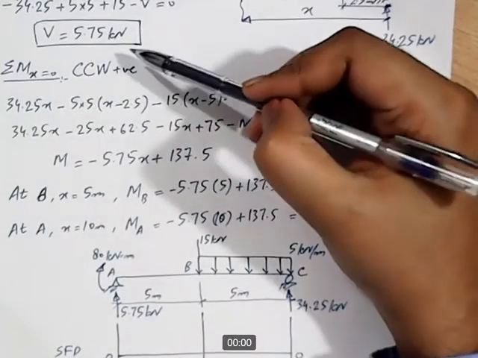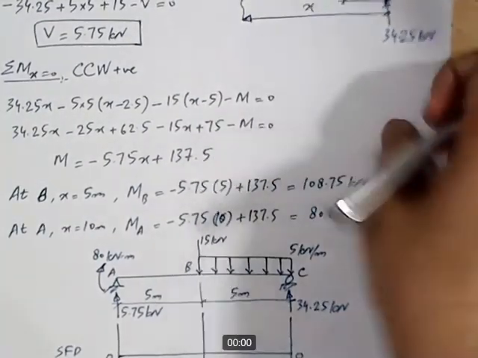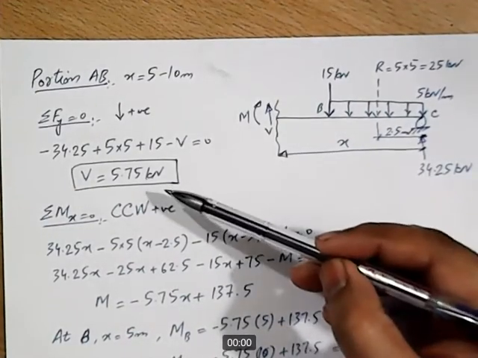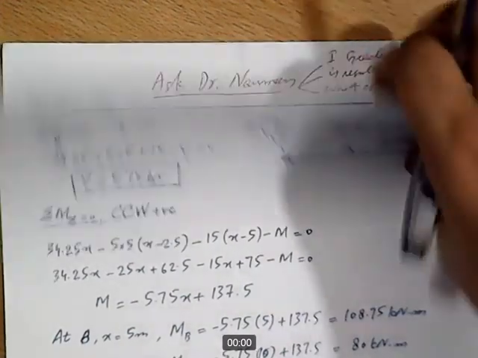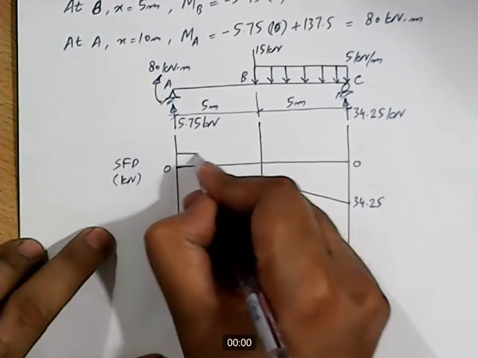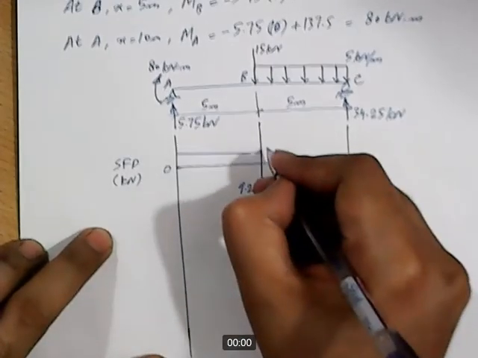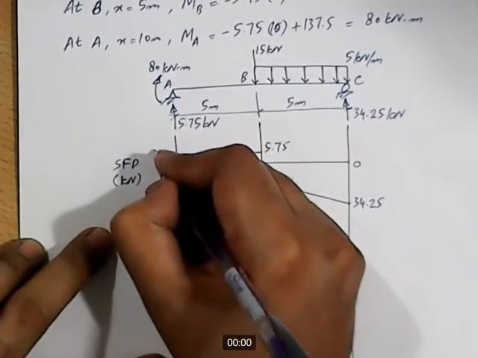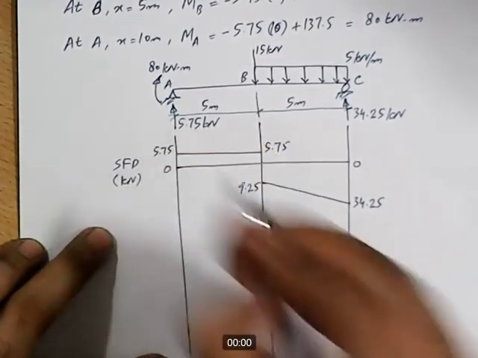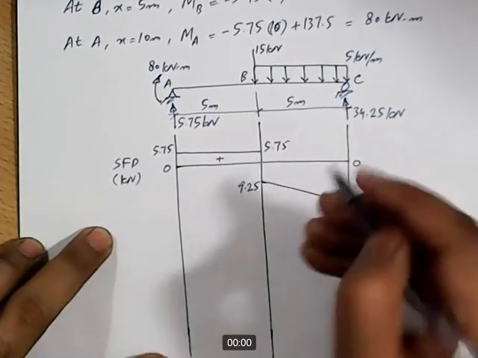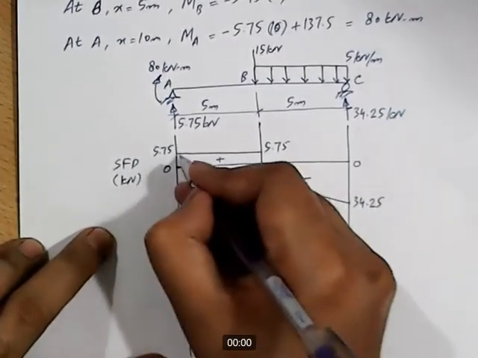The value of shear for portion AB is constant. Here we calculated on the same page, 5.75 kilonewton. So for portion AB, the value of shear is constant, positive 5.75 kilonewton. Here it is, 5.75 kilonewton. So this part of shear force diagram is positive, and this part of shear force diagram is negative.